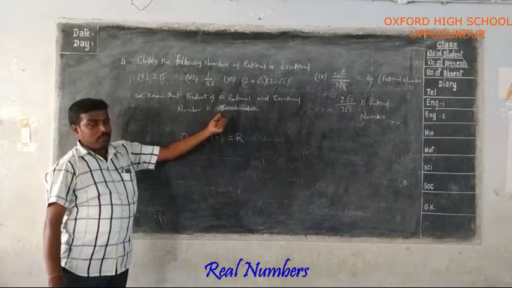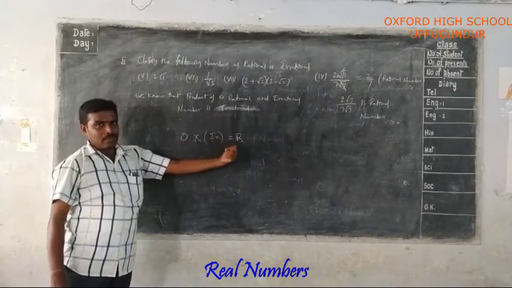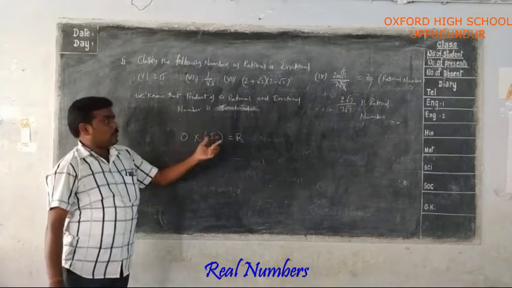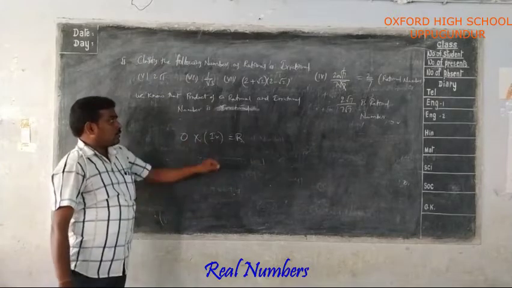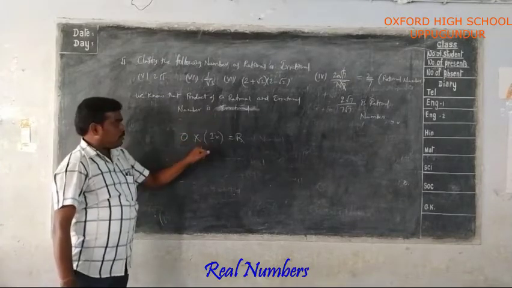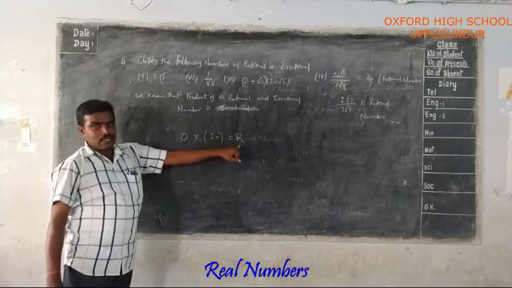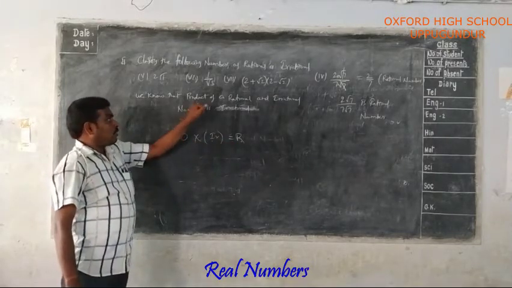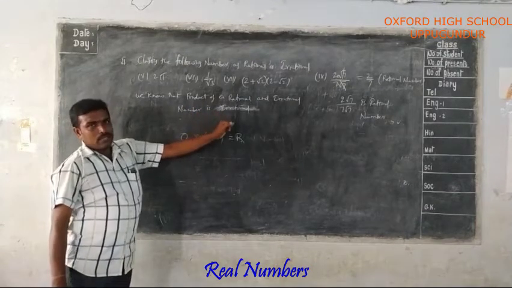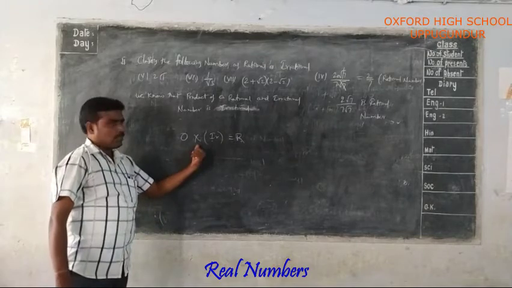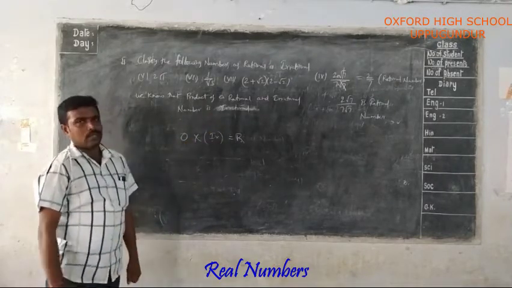Whenever we take the rational number as 0, it is rational. Otherwise, in all remaining cases, the product of a rational and irrational number is irrational.